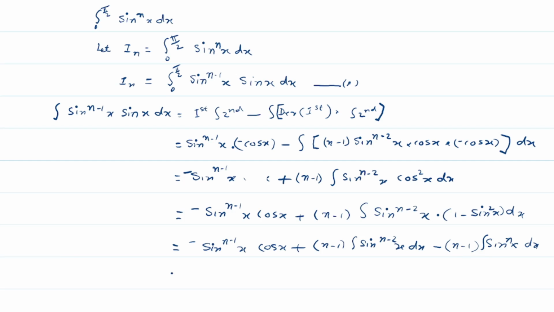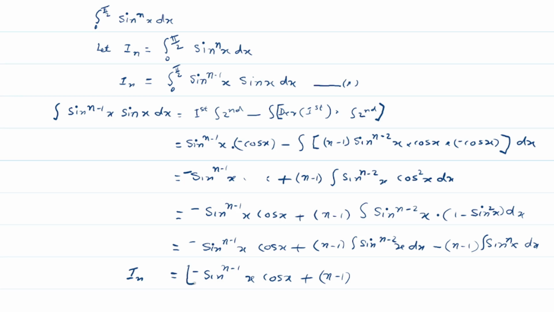So this is equivalent to minus sine raised to n minus 1 x cos x plus n minus 1. What is the left side? The left side is the integral of sine raised to n minus 1 times sin x. So we will find I_n, when it becomes the definite integral from 0 to pi by 2.